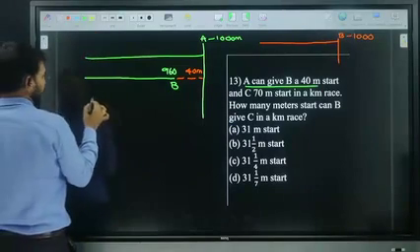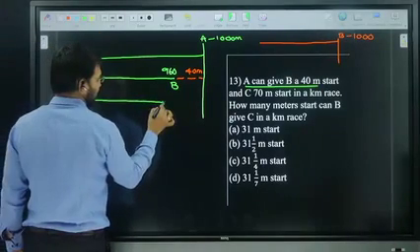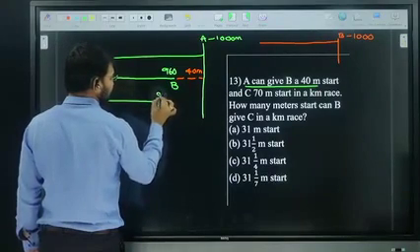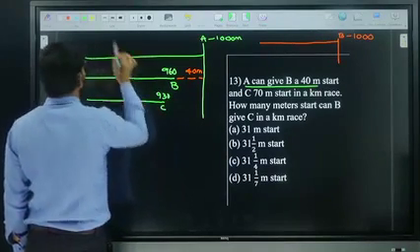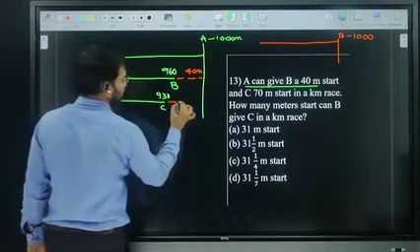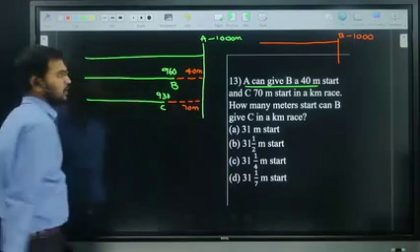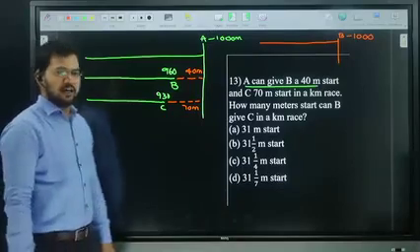A 70 meters start means C reaches up to 930. All of you understood?